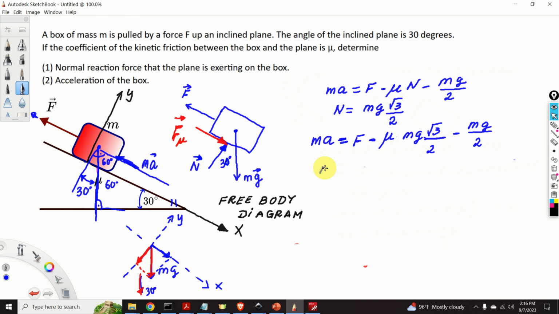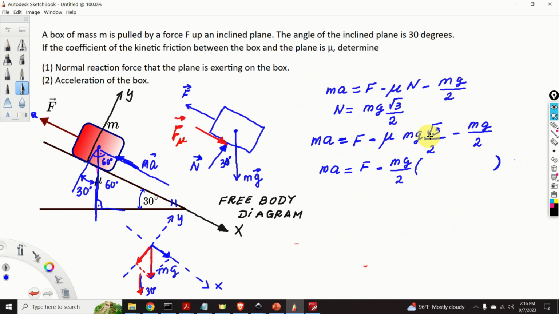From this equation we have that m times A is F, and let's see what is happening over here. We can take out minus mg over 2, since we have mg over 2 over here and mg over 2 over here, and over here we have, let's analyze.